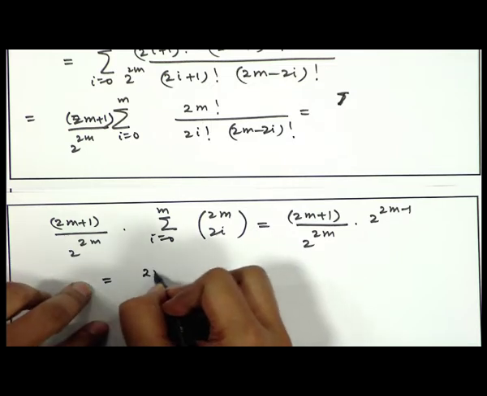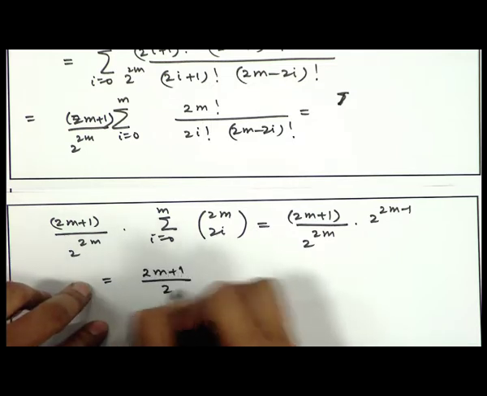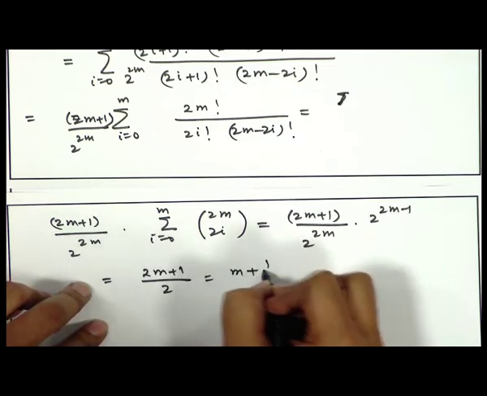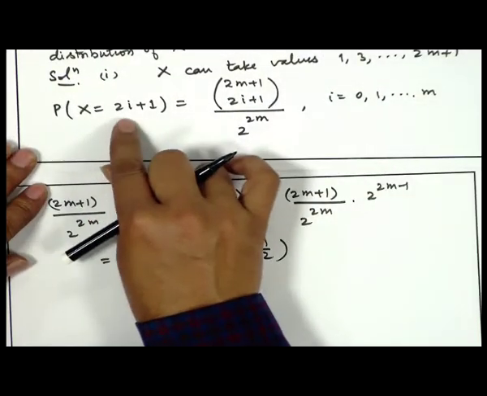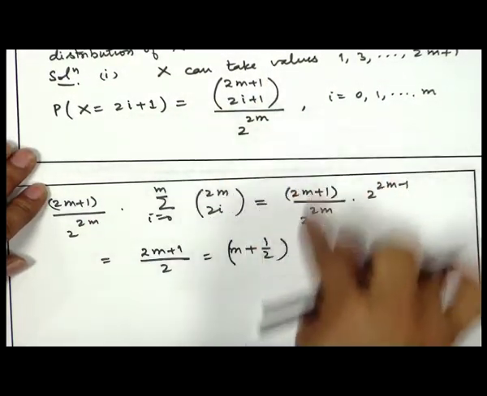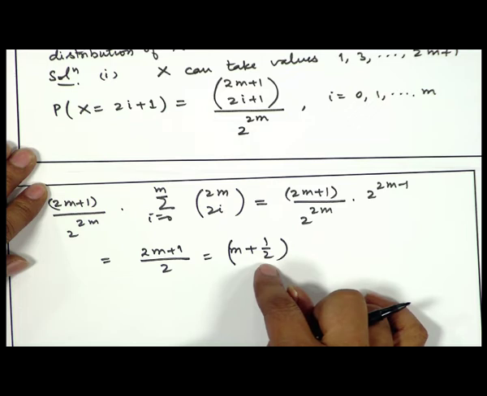So, this becomes 2m plus 1 by 2, that you can say m plus 1 by 2. So, the mean of this distribution, probability X equal to 2i plus 1 is equal to this, the mean of this is m plus 1 by 2.